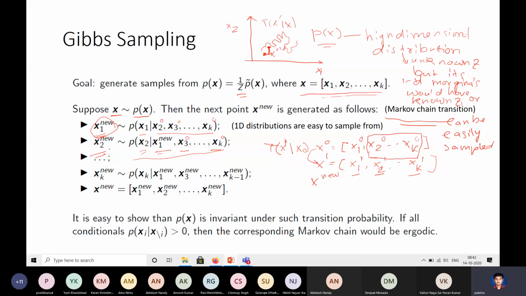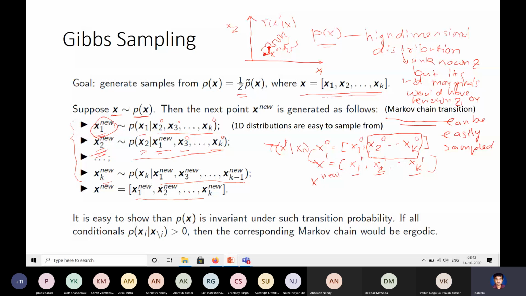In xk new, x1 new, x2 new, up to xk minus 1 new I have already generated. I'll use those as constants and generate xk, and I get xk new. The combination of these k substeps gives me a new vector, and only after these k substeps is this one transition over.